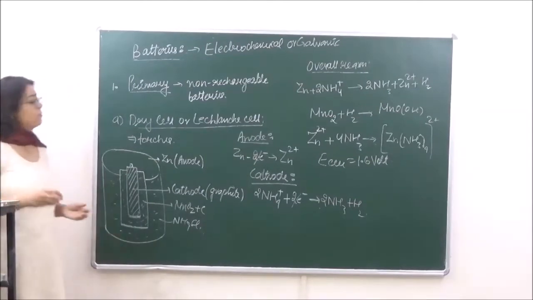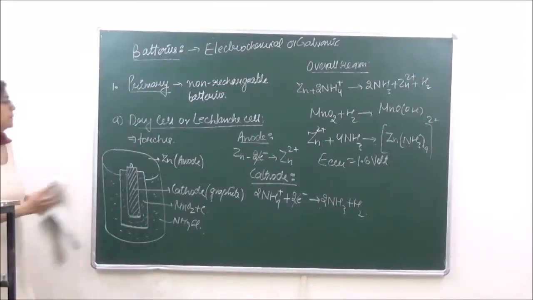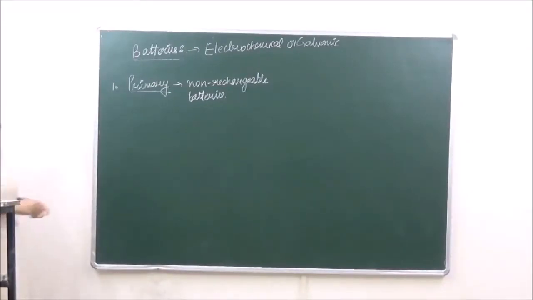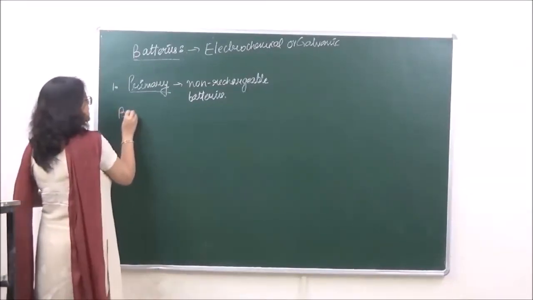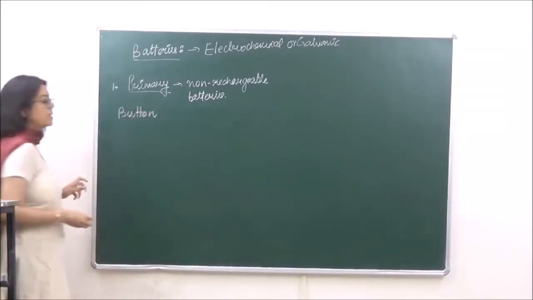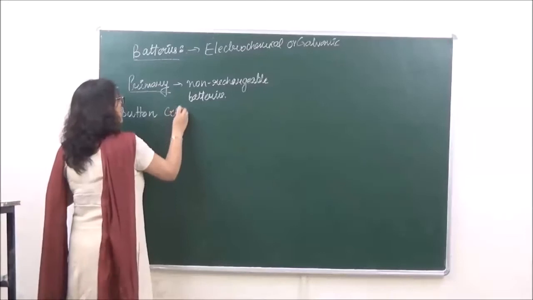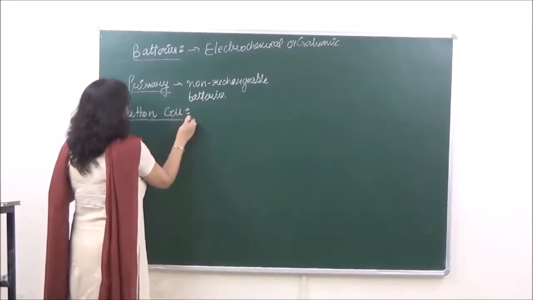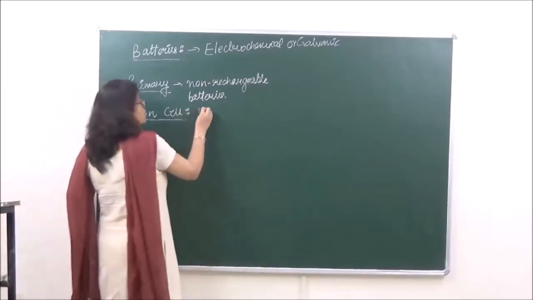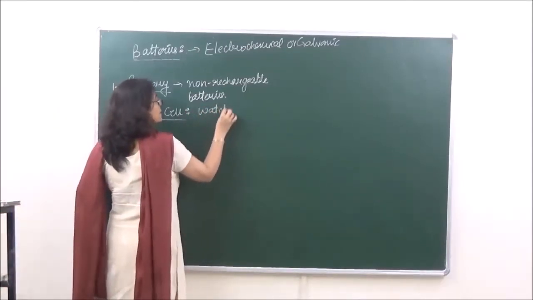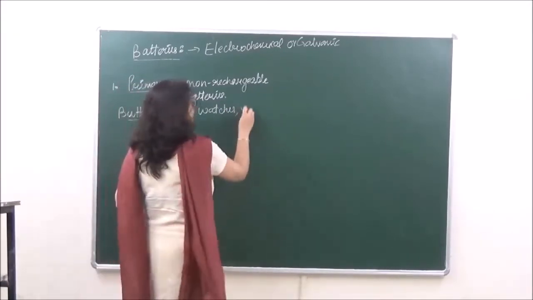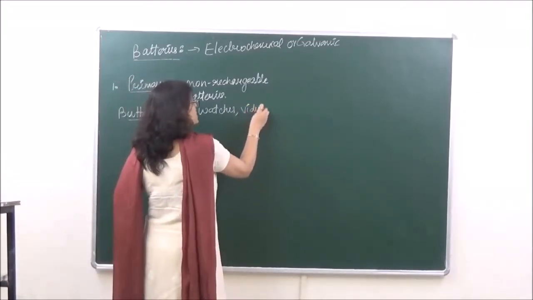The second type of primary cell which we are going to do is the button cell. A button cell is a flat kind of cell which appears to us like a button, thereby we call it a button cell. This kind of cell is generally used in watches and also in electronic toys like pocket video games.